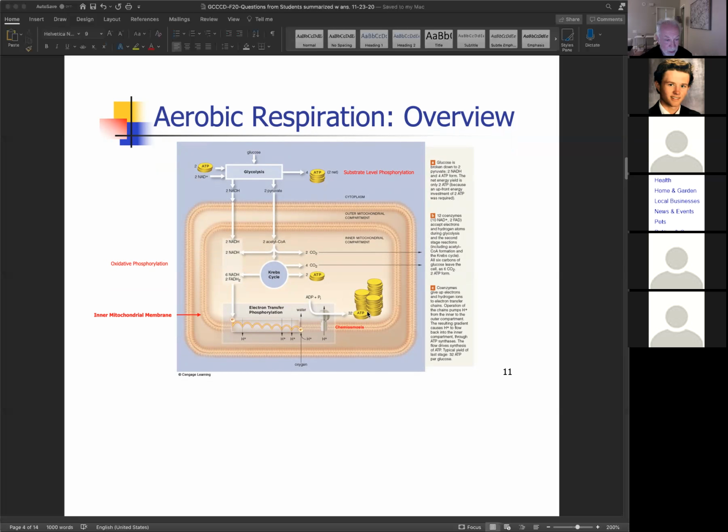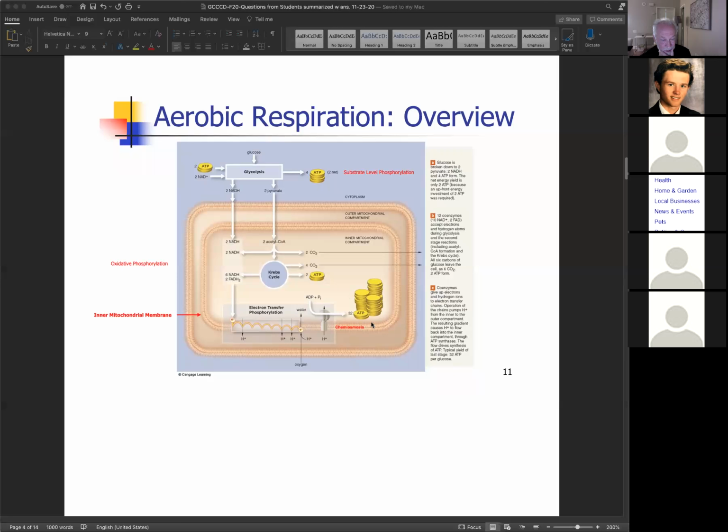And so the total number of ATP molecules would be 32 plus 2 from the Krebs cycle, a net of 2 from glycolysis, for a total of 36. Some calculations show 38 molecules of ATP from one molecule of glucose.